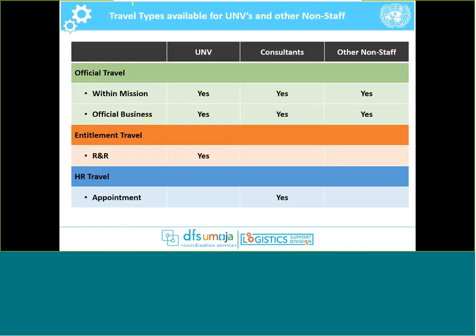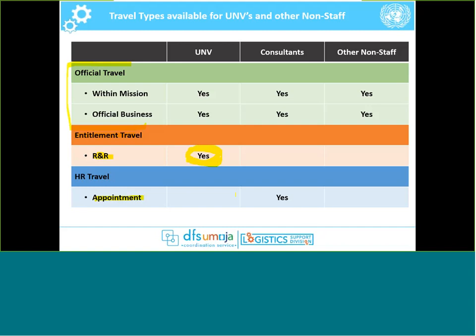Then for UMBs and other non-staff, basically all categories, all these travelers can use official travel. You will receive requests for official travel types. And then entitlement, this R&R travel: you can have UMBs traveling on R&R, so you might receive R&R travel requests from UMBs.